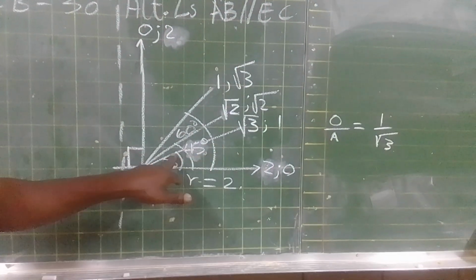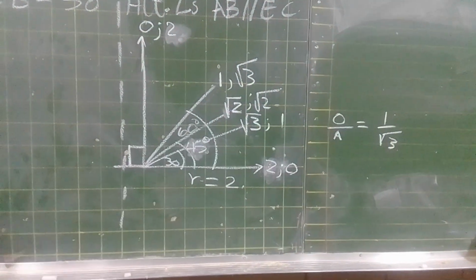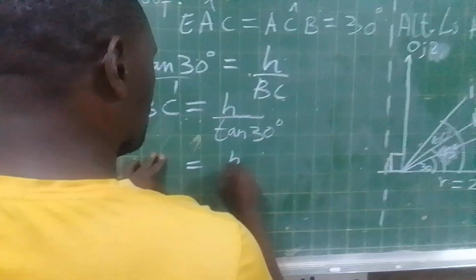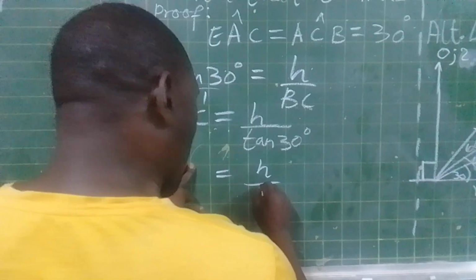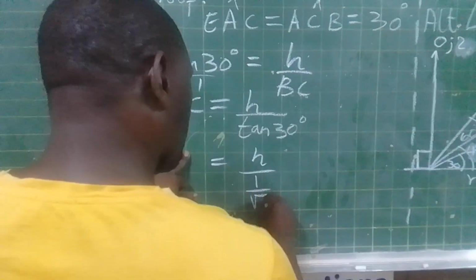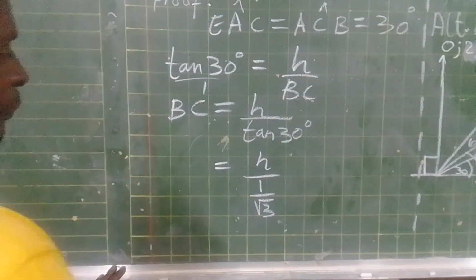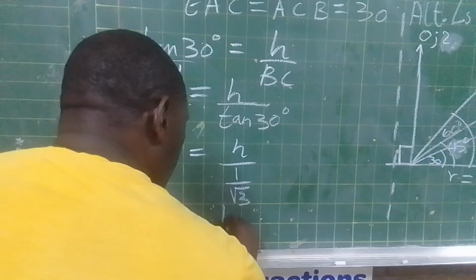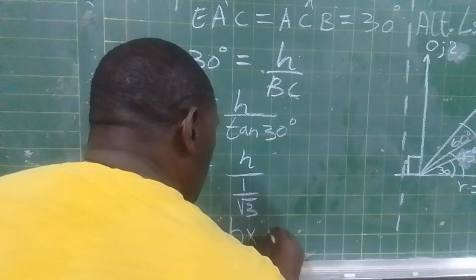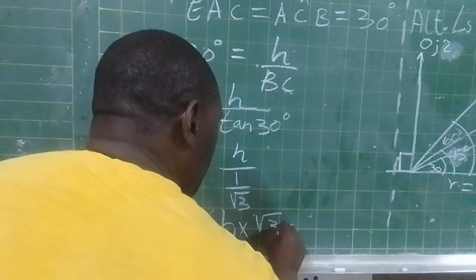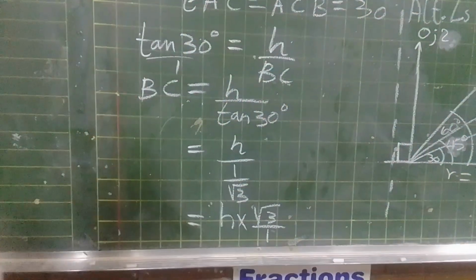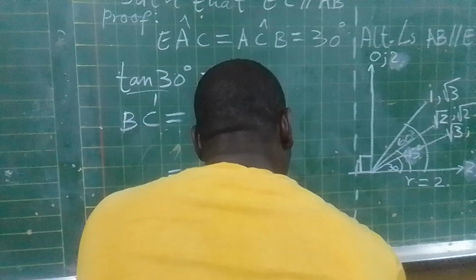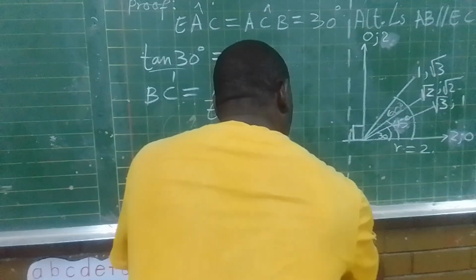Now you take your tan 30 as 1 over square root of 3, you put it here, which is going to be h over 1 over square root of 3, which is h multiplied by square root of 3 over 1, which is the same as h root 3.